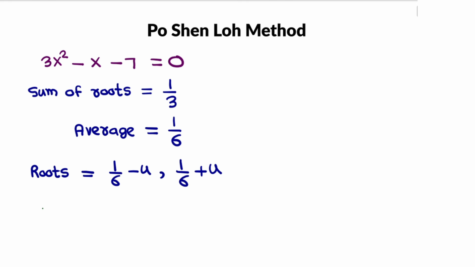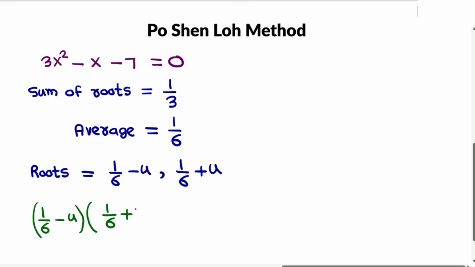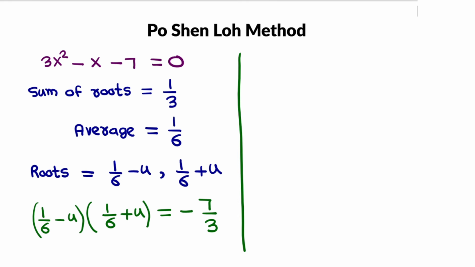Now multiply them. 1 over 6 minus u times 1 over 6 plus u equals negative 7 over 3. Already, things are getting messy. Expand it, and we get 1 over 36 minus u squared equals negative 7 over 3.